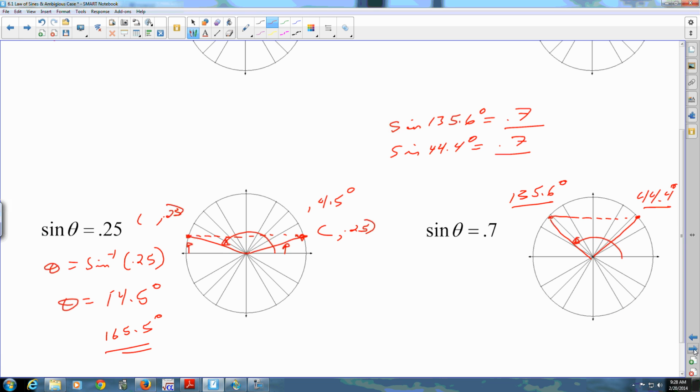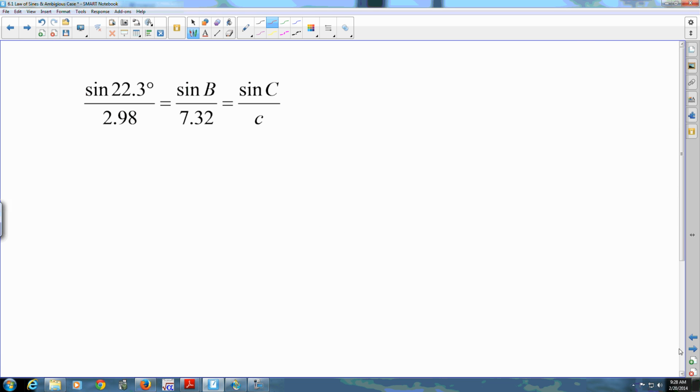Well, because when you're doing these, you're not sure what angle you're actually supposed to get. Let me set this up. So I'm going to cross multiply. I'm not using this because I don't know any information about it. Cross multiply. 7.32 sine of 22.3 degrees equals 2.98 times the sine of B. To solve for B, I have to divide both sides by 2.98.